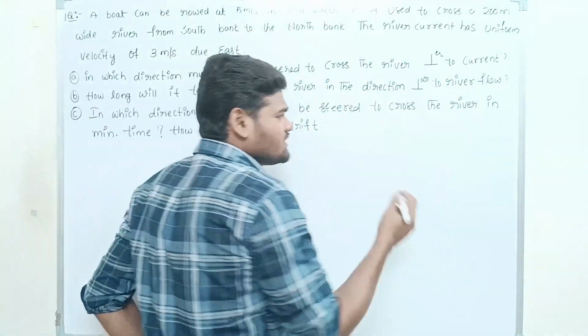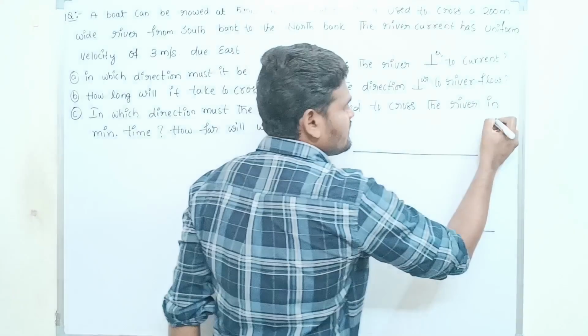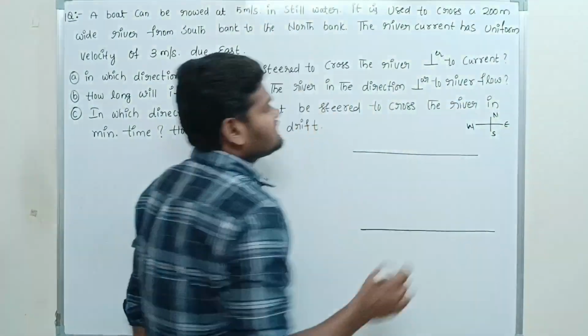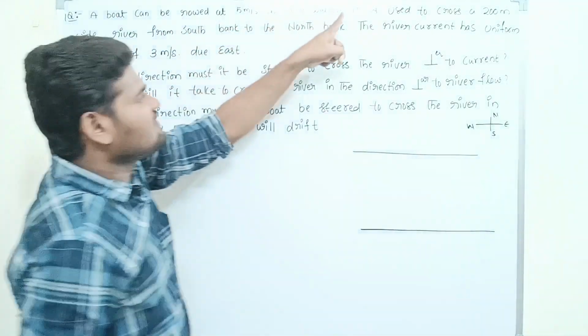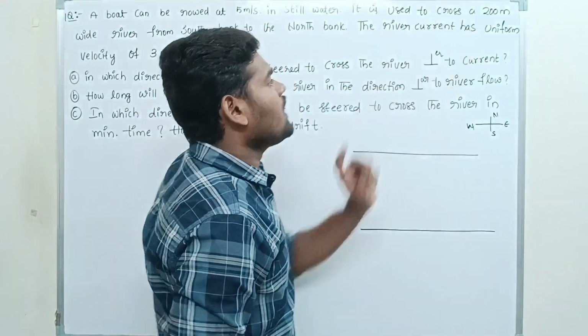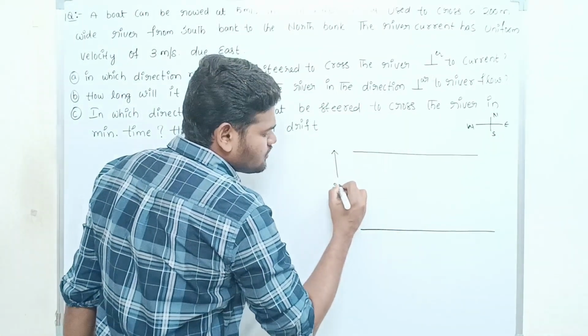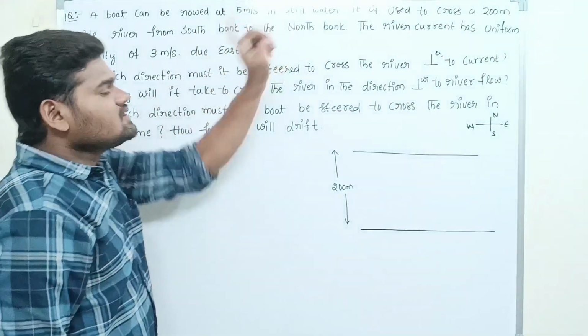Okay, sir. I'm just going to draw the diagram based on the given question. As we know, this is the east, west, north, and south direction. So there is a boat. It can be rowed at 5 meter per second in still water. It is used to cross a 200-meter wide river. So what is the width of this river? 200 meters, from south bank to north bank.